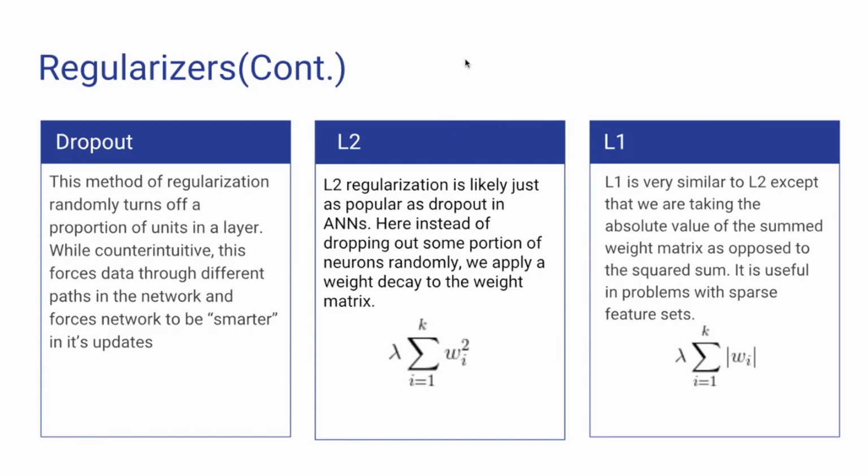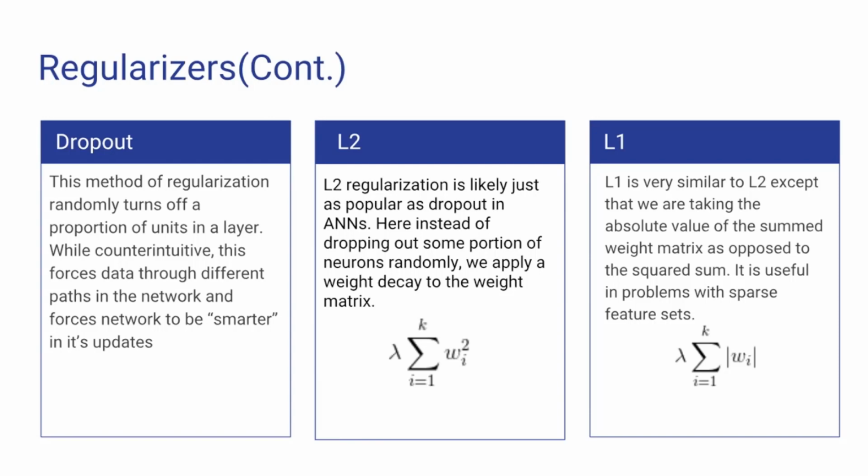So the three main regularizers that you will probably face when starting a career in machine learning are dropout, L2 regularization, and L1. L2 and L1 are quite similar. Dropout is essentially in a class of its own. I explained a little bit on dropout earlier.